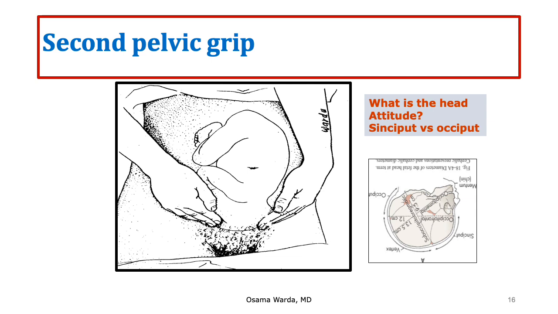If the contralateral bony prominence, which is the sinciput, which is toward the fetal abdomen against the direction of the fetal back, is nearer to the pelvic inlet, lower down, then this head is extended. If both are at the same level, then this head is deflexed. So by this maneuver, we determine the attitude of the fetal head. Okay, okay.